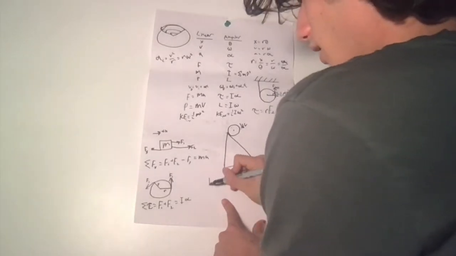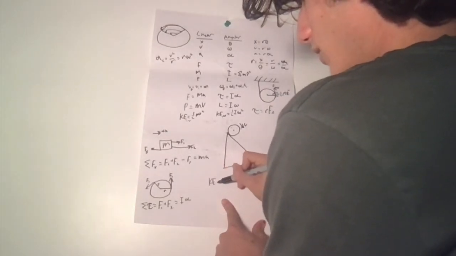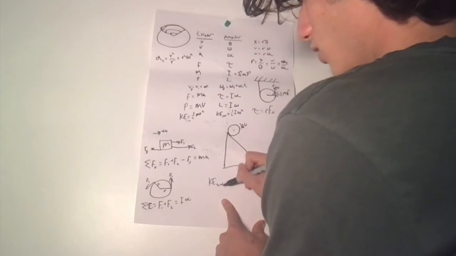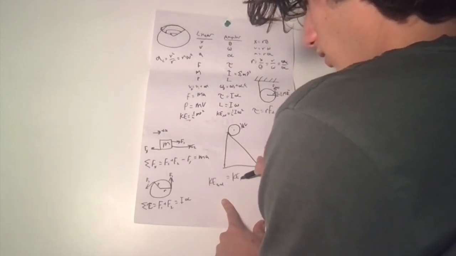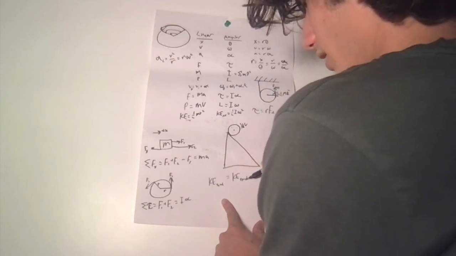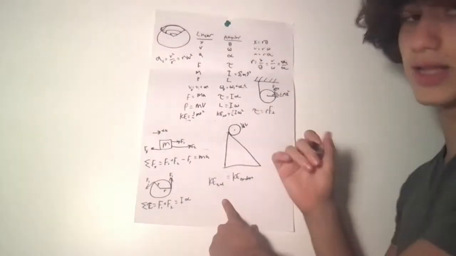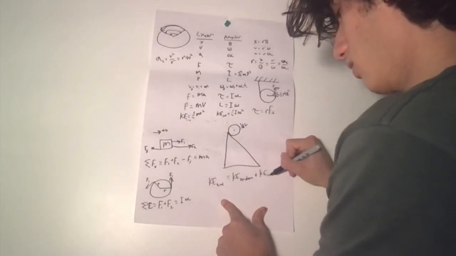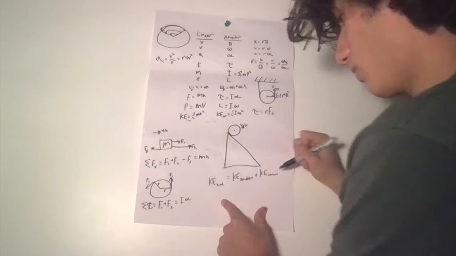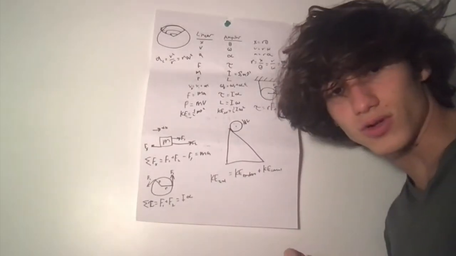Another concept is that total kinetic energy is equal to translational kinetic energy, which means in linear terms, plus rotational kinetic energy, which of course is in angular terms.